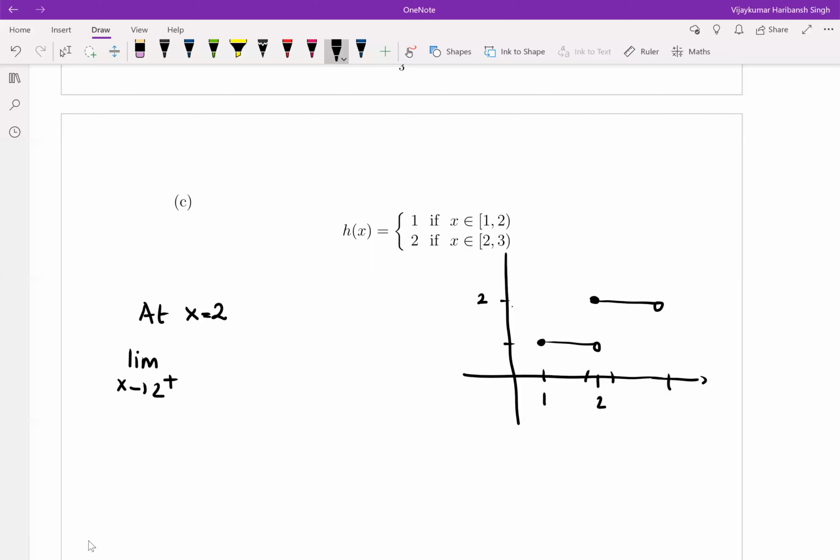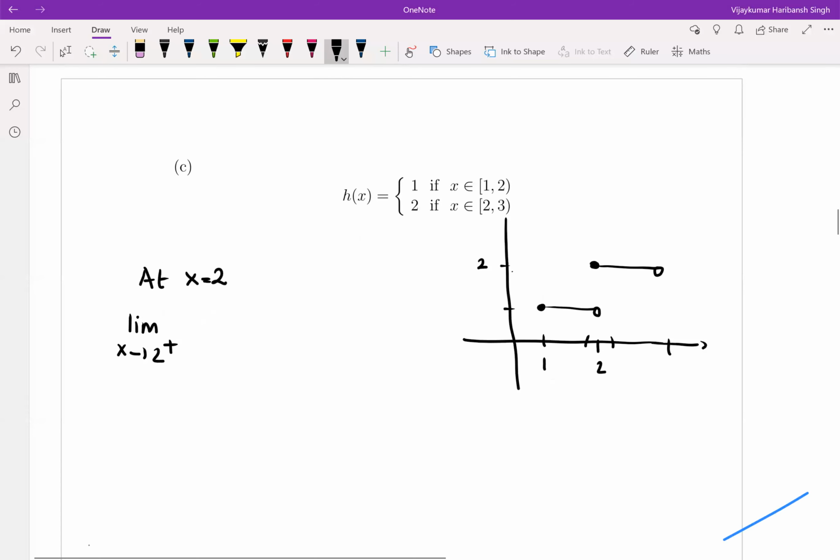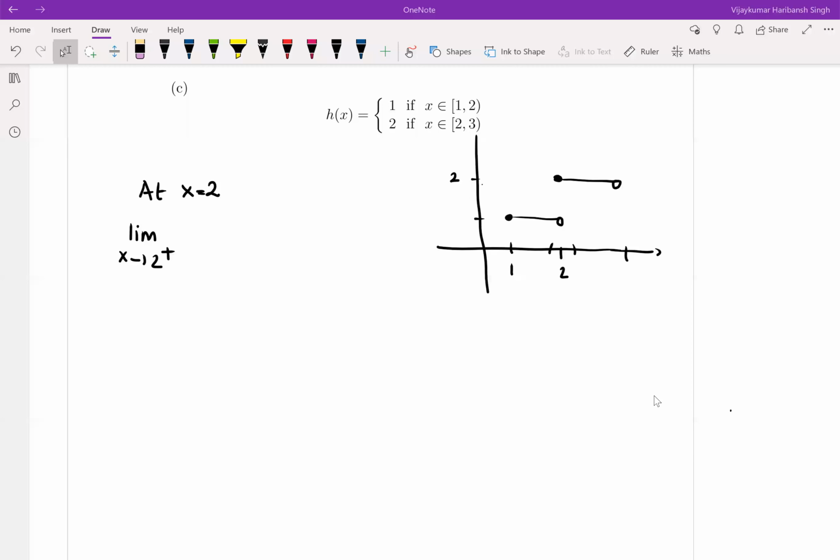If you look at the limit as x goes to 2 plus of h of x, if you approach 2 from this side, your function has what?